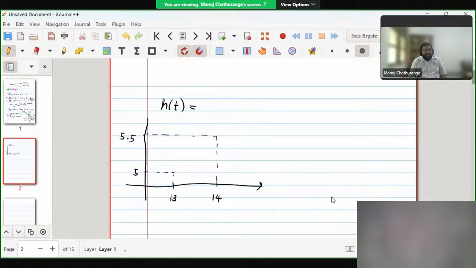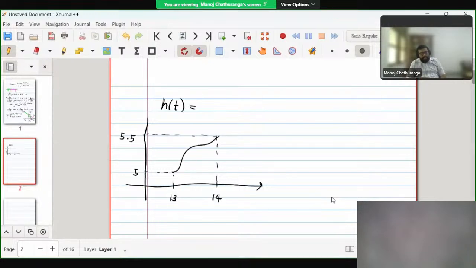And we know height is a continuous function. It is not like you're 5 feet tall today, and all of a sudden, in the next minute, you're 6.1 tall. It is not like that. Height is a continuous function.